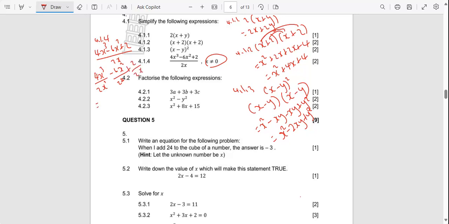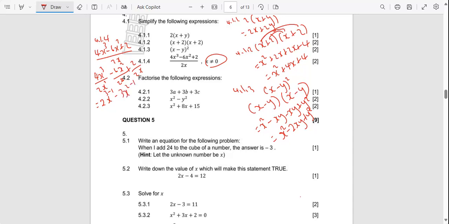And then what we're going to do here, we are going to apply the laws of exponents. 4 divided by 2 is 2, x to the power 3 minus 1. Then minus 6 divided by 2 is negative 3, x to the power 2 minus 1.